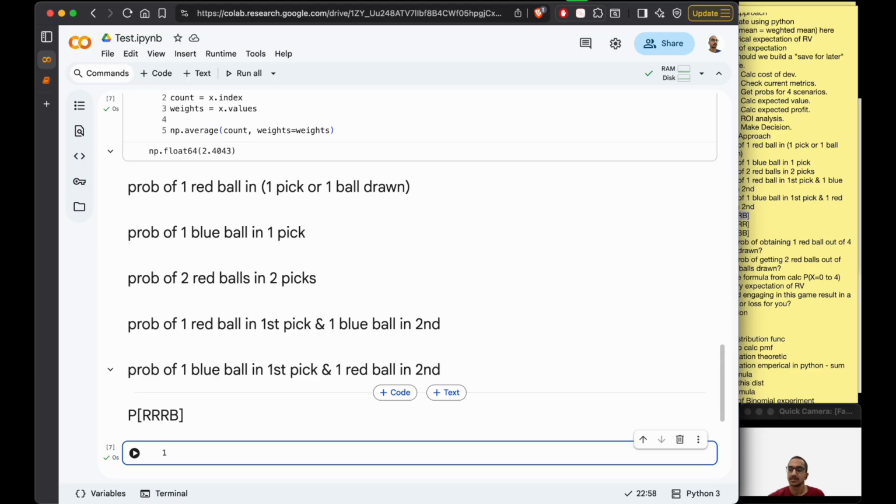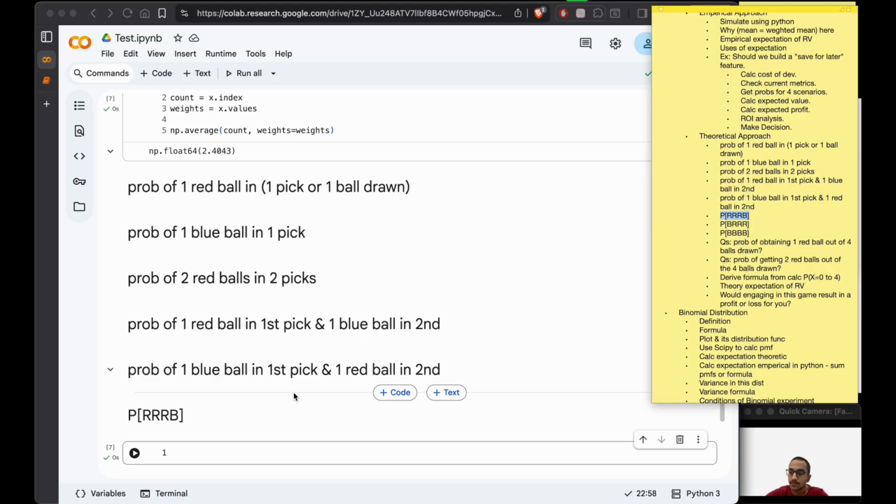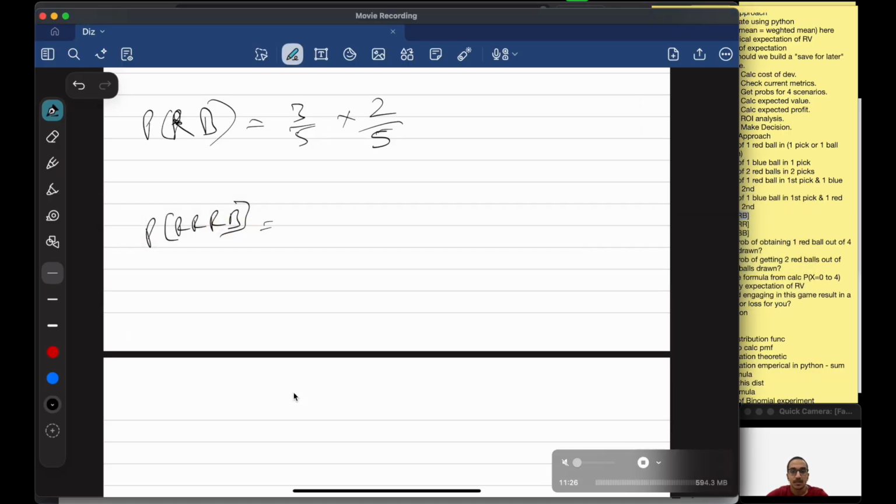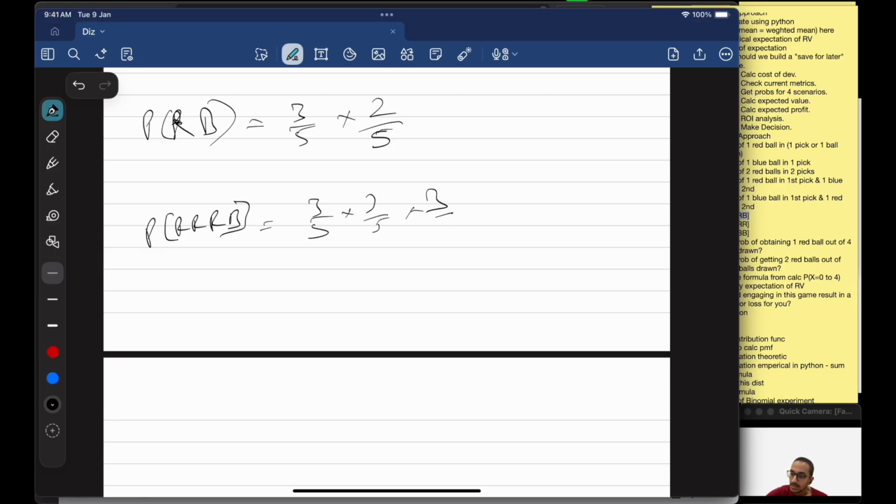The concept is still the same. It's the joint probability, and we just have to compute the individual probabilities for each of these. Since it's replacement, it's going to be exactly the same.